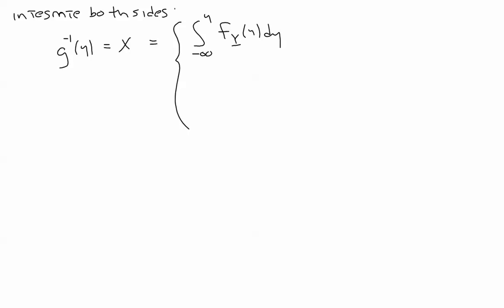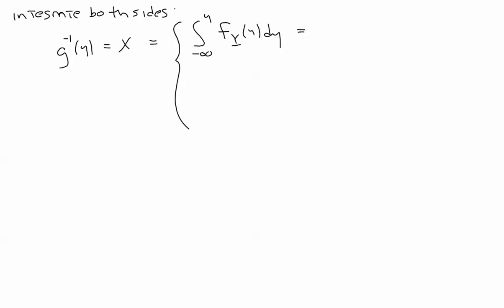And what I get is g inverse of y equals, I'm just going to set that equal to x. Remember, I'm looking for y equals g of x. So g inverse of y equals x. Integrating both sides, I get the integral from minus infinity to y of f of y dy.